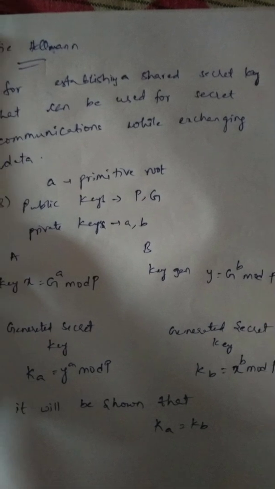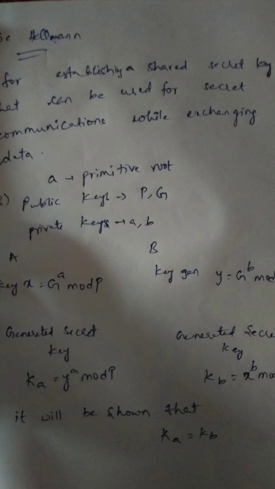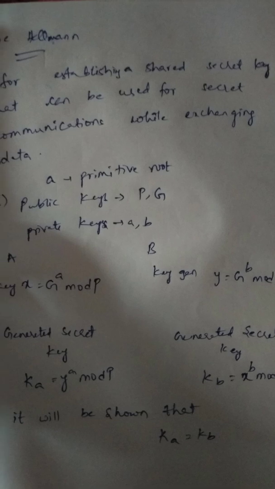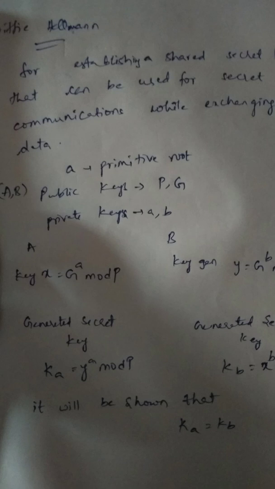The secret key for user B on the receiver side, the KB value will be 4 power 3 mod 23, which is also 18. Algebraically, it can be proved that Ka is equal to Kb. That means both user A and user B now share a secret key of the same number.